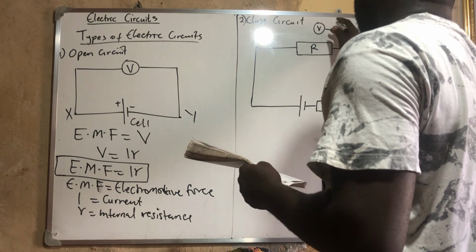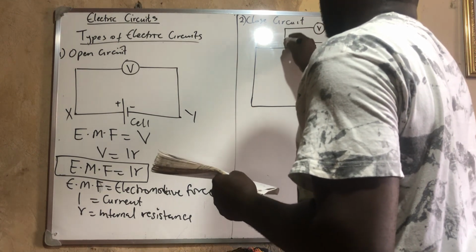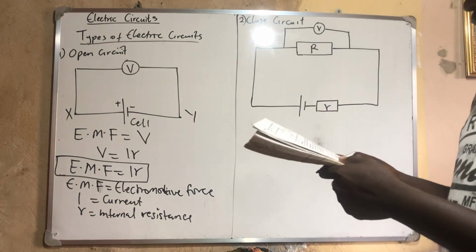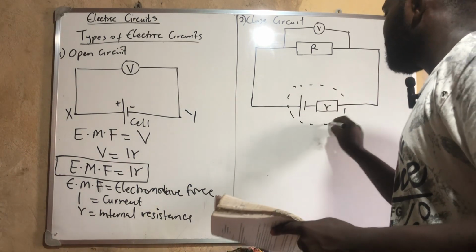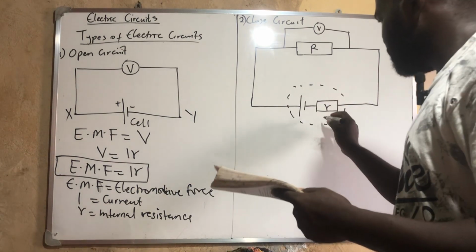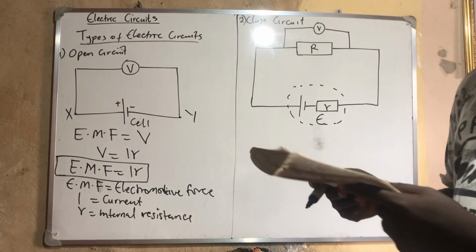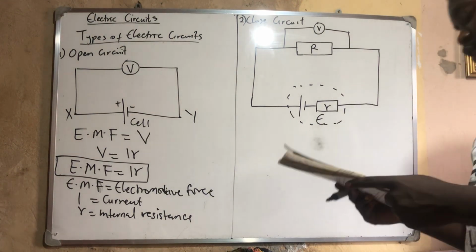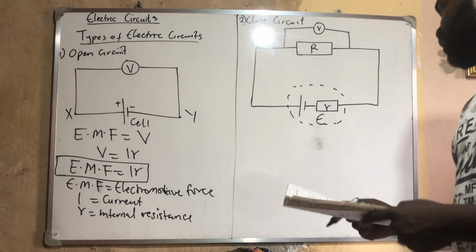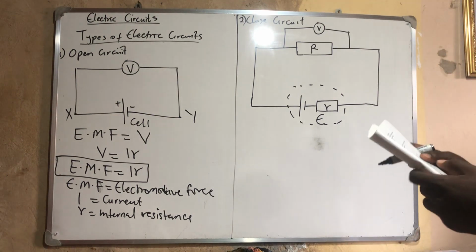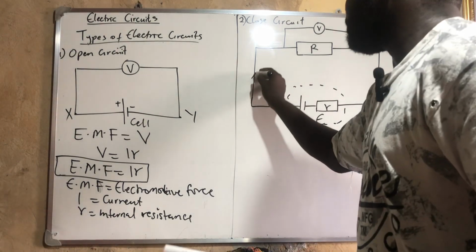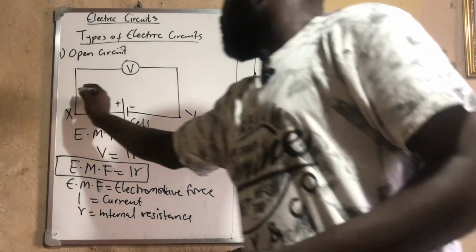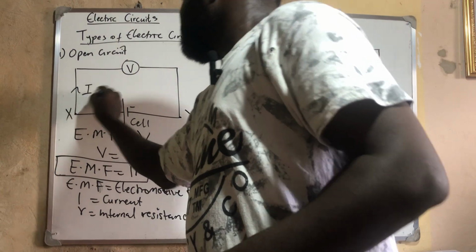This is my voltmeter. And then this is where my E, the electromotive force, is. So this is a closed circuit. Don't forget that a current is moving here. Your I is here, and the same thing here, your I is here.